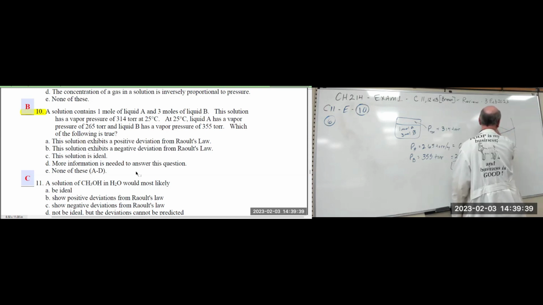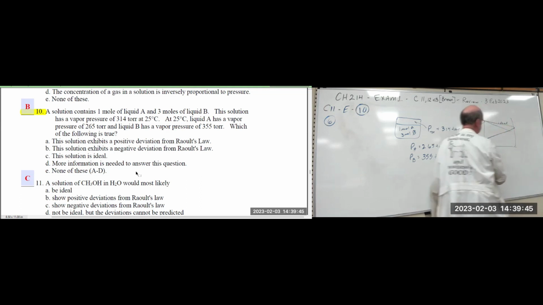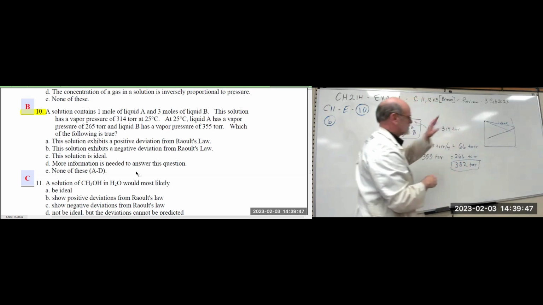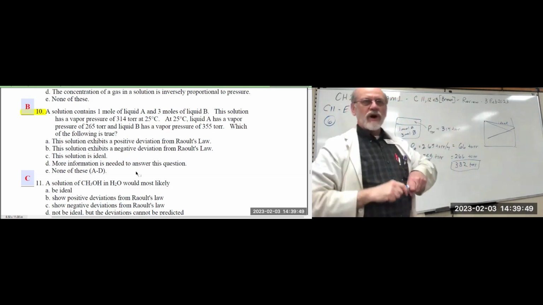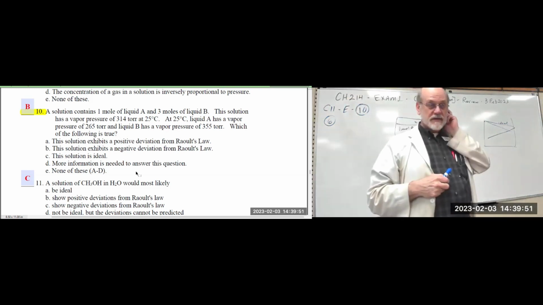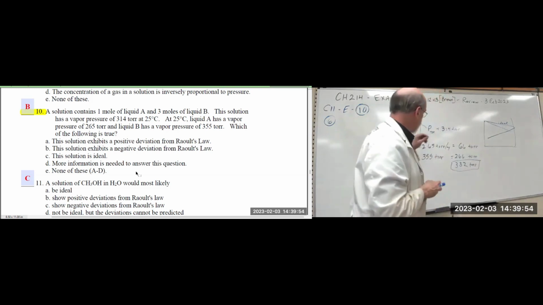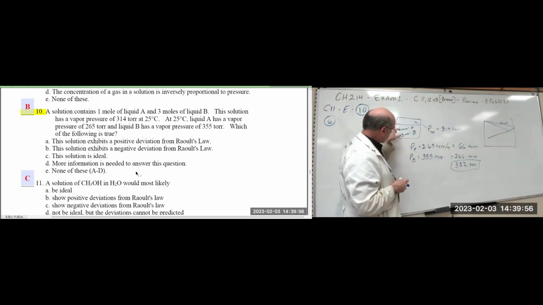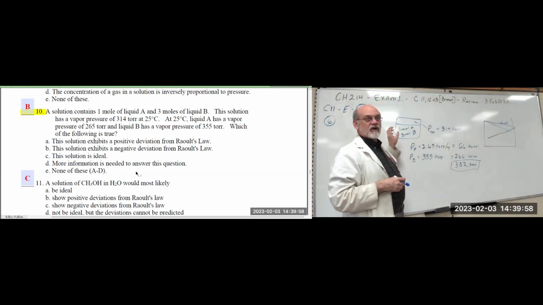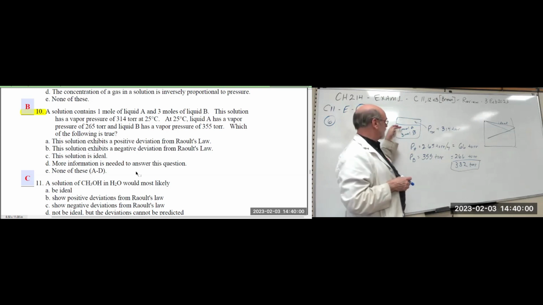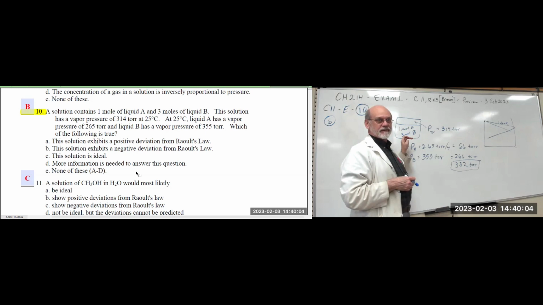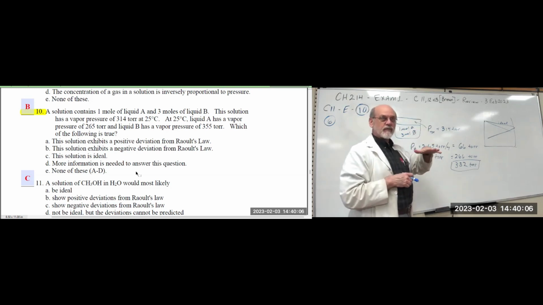Should be over here and over here. So this one should be the ideal, perfectly straight. But it dips. So why does it dip? The negative deviation is due to the fact that when these are together, they are more attracted to each other than A is to itself and B is to itself. And that decreases the vapor pressure.